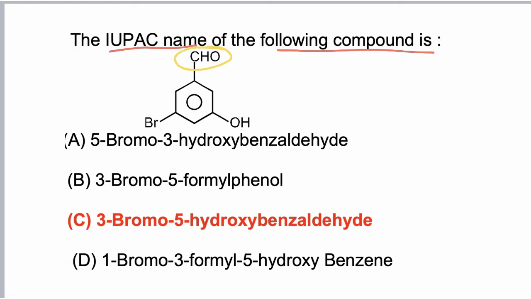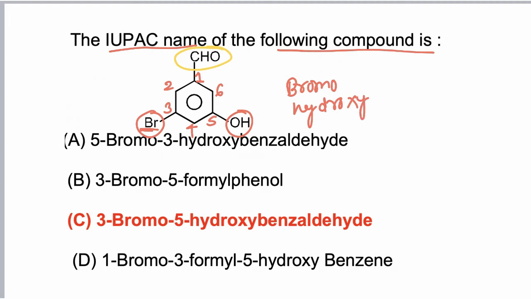In this molecule, COOH, ester and CHO are attached, and the ester is a substituent. Since the carbonyl group is directly attached through CO with the ring, it is taken as part of the ring, and the ester is phenoxycarbonyl. So first carbon is given to the carbon from which the principal function group is directly attached, then second, third, fourth, fifth and sixth. At the second position, the phenoxycarbonyl group is present. Third carbon is given to the carbon from which bromine is attached, and the rest of the name of the molecule is 2-phenoxycarbonyl, because the rest, bromo, is having higher priority than hydroxy and acid. Hence the correct answer is A.